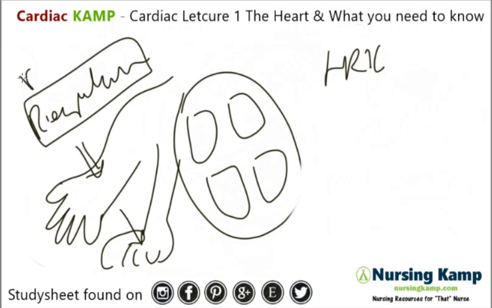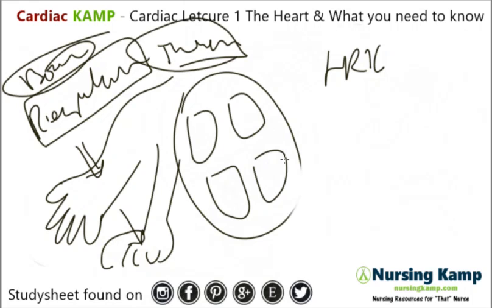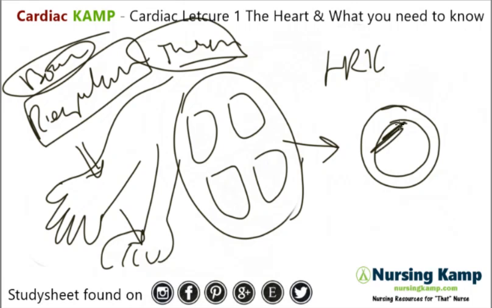And they shouldn't be bounding or thready. And we'll talk more about the assessment findings later, because when we're talking about the heart and this normal functioning, we have to understand the basic functioning means that there's normal fluid volume in the vessels. And if there's normal fluid volume in the vessels, everything should be functioning as it should be.